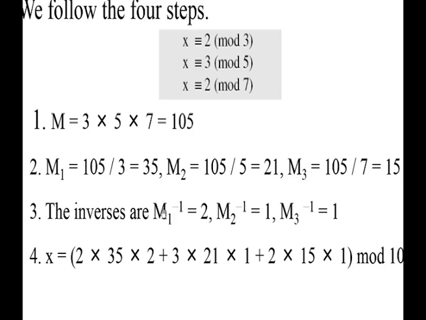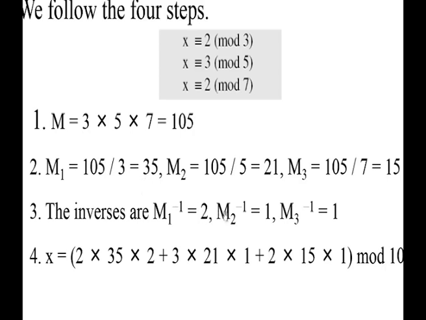This can be easily solved with the help of mod 3. Suppose I take 2 into 35, that is 70, and 70 mod 3 I will get 1. So, when I multiply these two values and take the mod, if it is equal to 1, then I can say 2 is the multiplicative inverse of 35, and similarly 35 is the multiplicative inverse of 2.